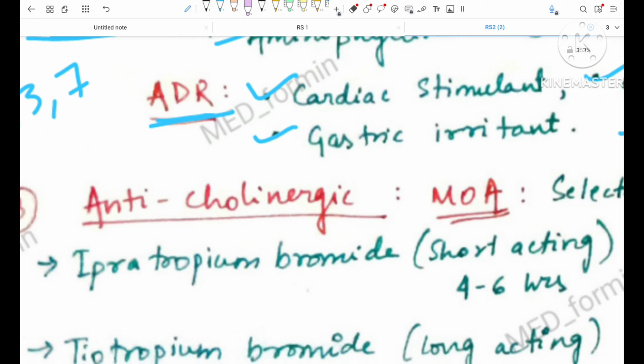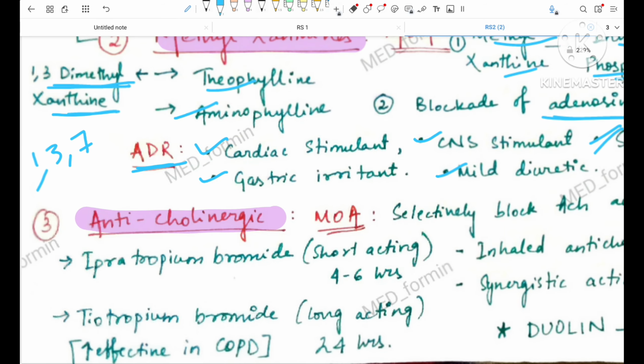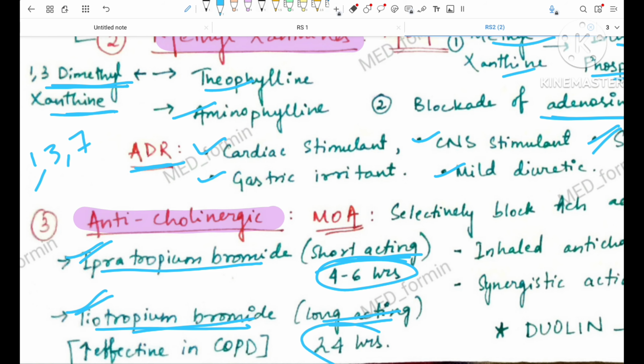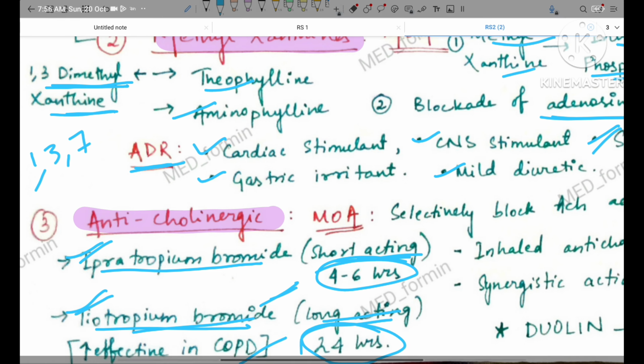Next, we come to the anticholinergic drugs. These are ipratropium bromide and tiotropium bromide. Ipratropium bromide is a short-acting drug, acts for 4 to 6 hours. Tiotropium bromide is a long-acting drug which acts for 24 hours. Tiotropium bromide is more effective in case of COPD.